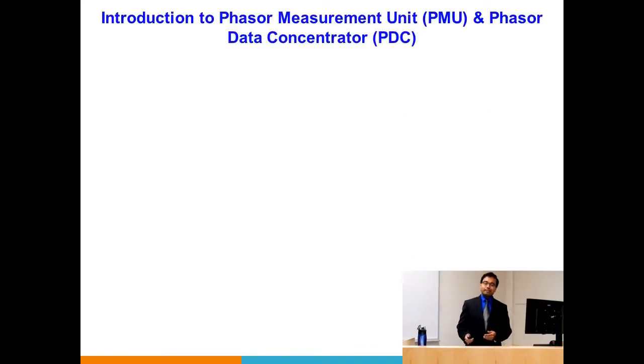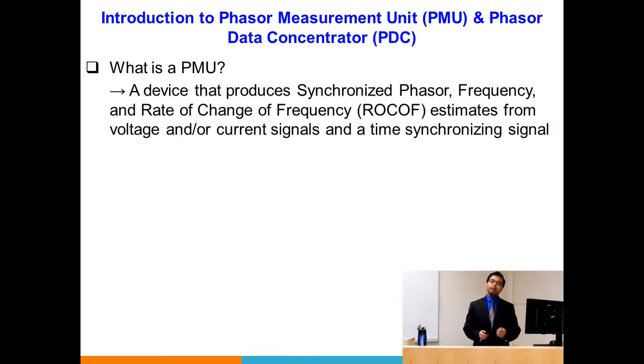Now let's look into what a phasor measurement unit is and what a phasor data concentrator is. So the question is, what is a PMU? According to the IEEE C37.118 standard, it is a device that produces synchrophasors.